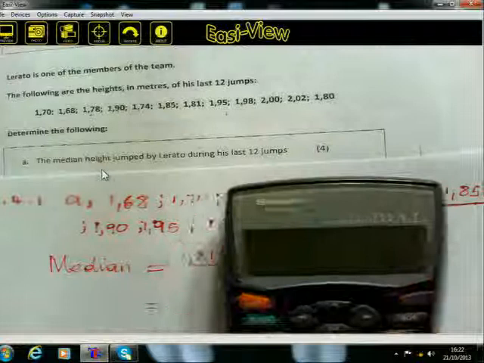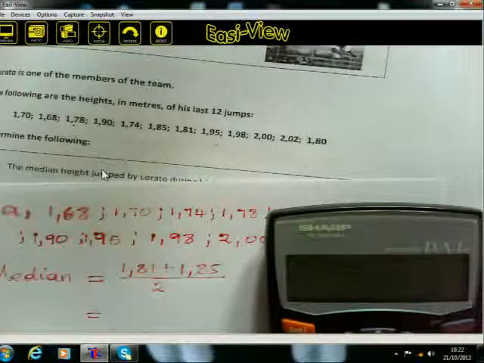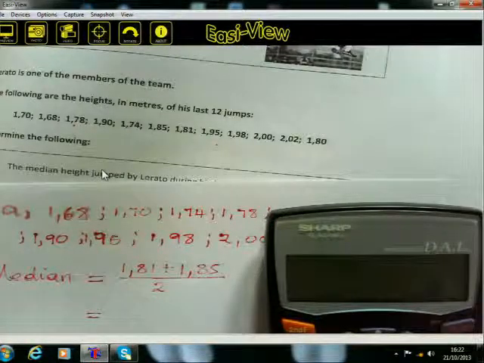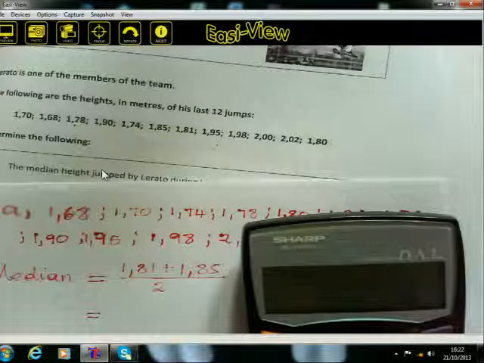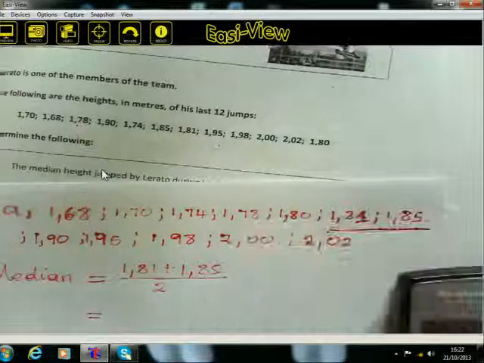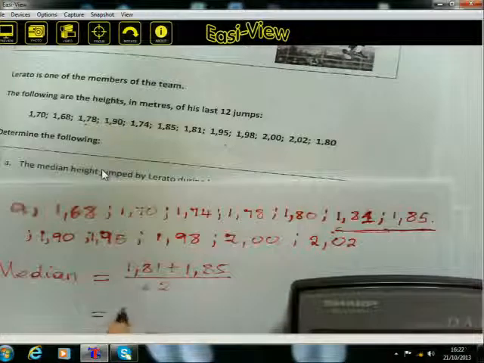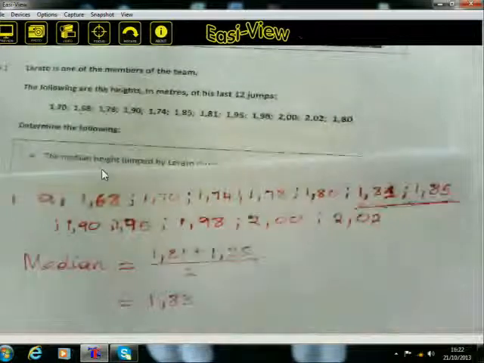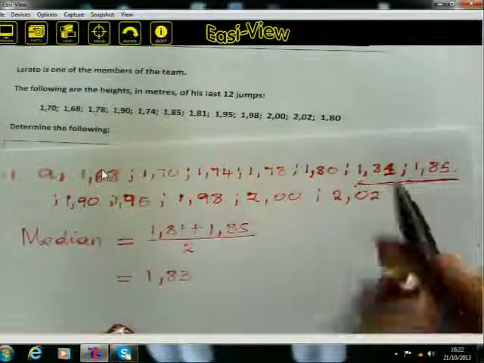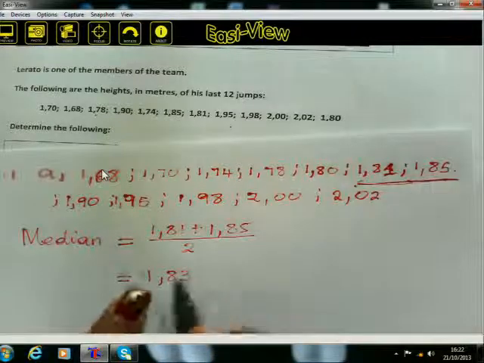You say 1,81 plus 1,85 equals, you divide by 2. It gives you 1,83. So your middle term between 1,81 and 1,85 will be 1,83.